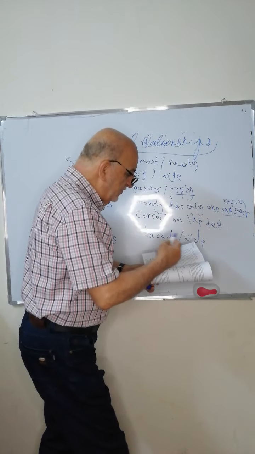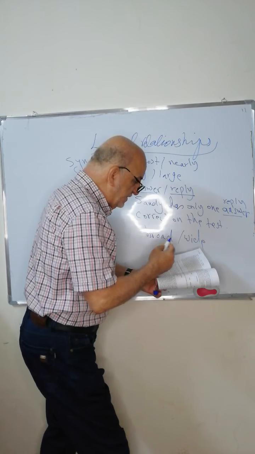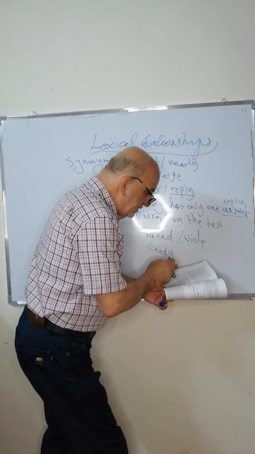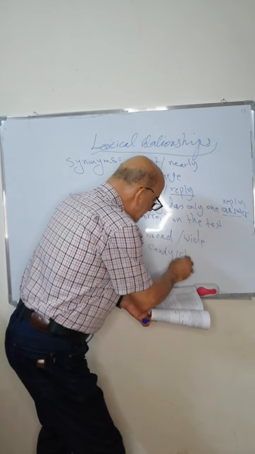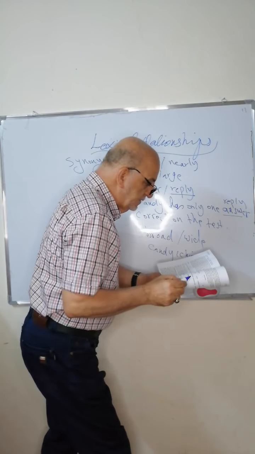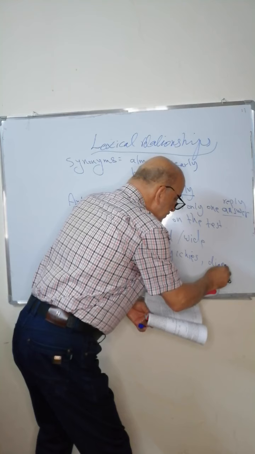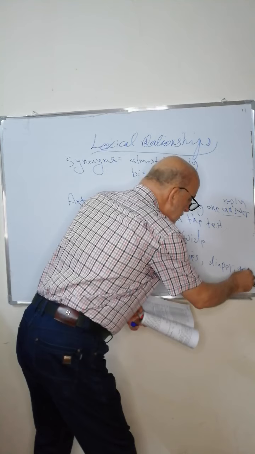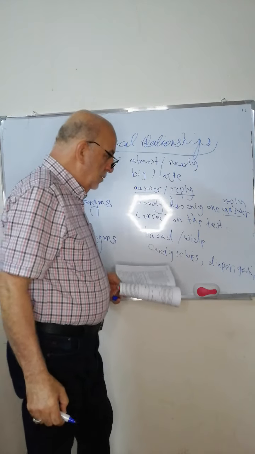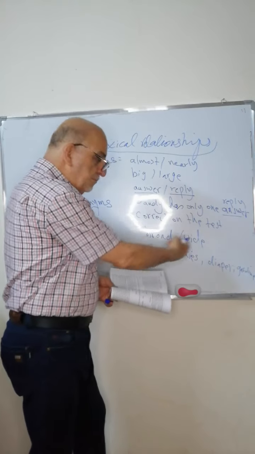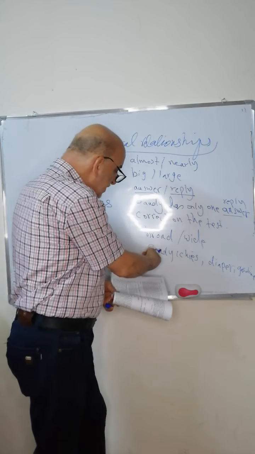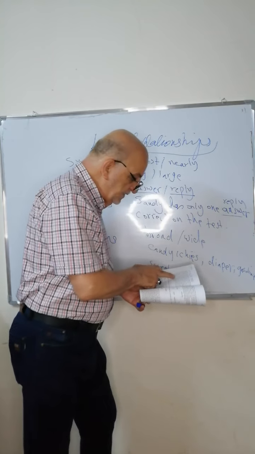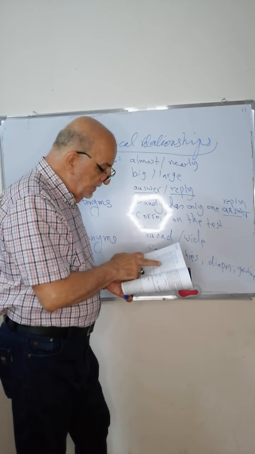We have synonymous pairs, like candy, chips, diaper, and gasoline. Now, this is in America. What do we say in Britain? Sweets. What about chips? He says here, crisps.